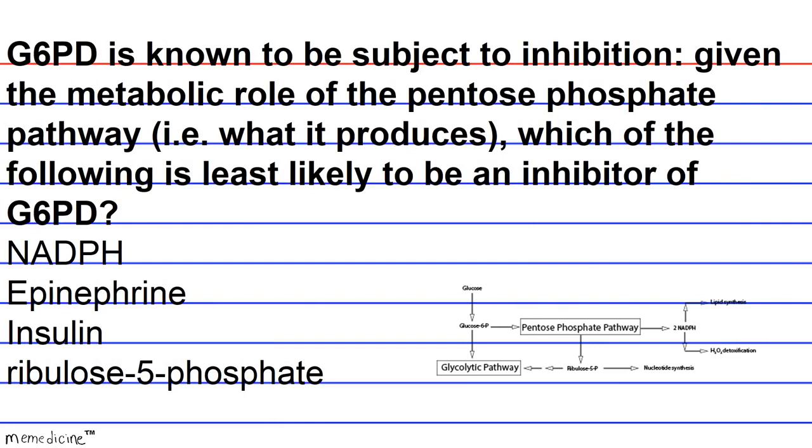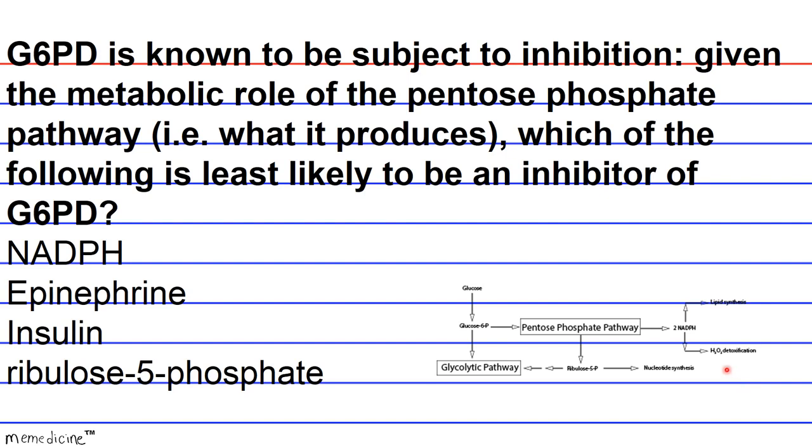Okay, so the pentose phosphate pathway produces molecules that are important for the biosynthetic activity of cells, such as nucleotides, lipids, and antioxidants, okay? The products of metabolic pathways commonly inhibit the further activity of the pathway in question.